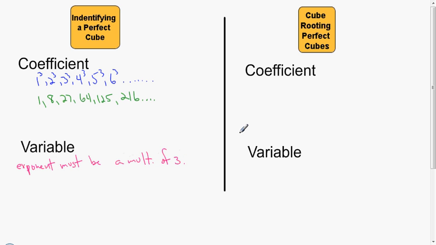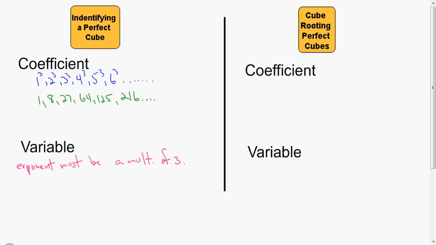Okay? This is important. We saw with squares they had to be a multiple of 2 with regard to the exponent, and you would probably guess if something were a perfect quartic, which is a 4th power, it would have to be a multiple of 4.